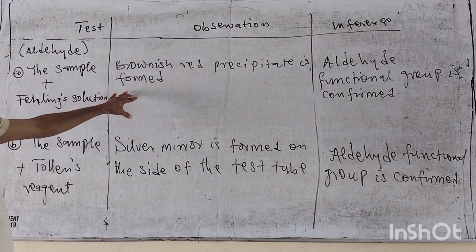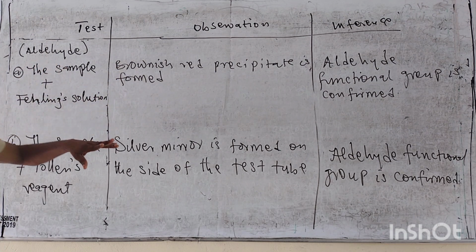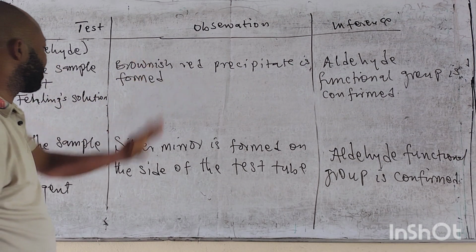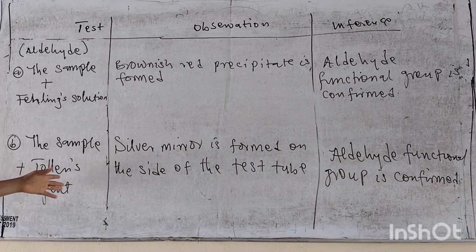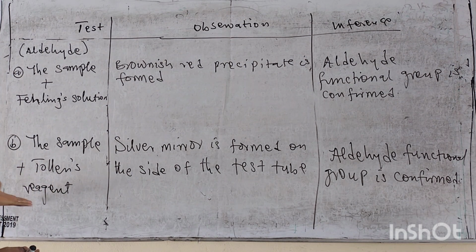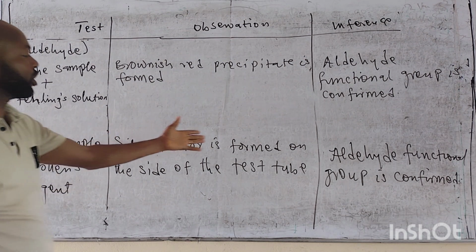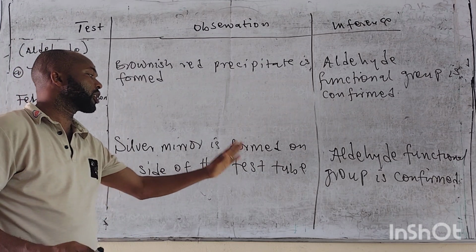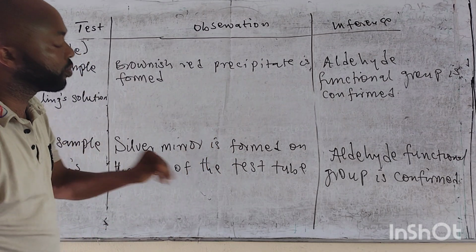So once we get this, we know that we're testing for aldehyde. Aldehyde functional group is confirmed. The sample plus Tollens reagent: when we react an aldehyde with Tollens reagent, a silver mirror is formed on the side of the test tube. Aldehyde functional group is confirmed.